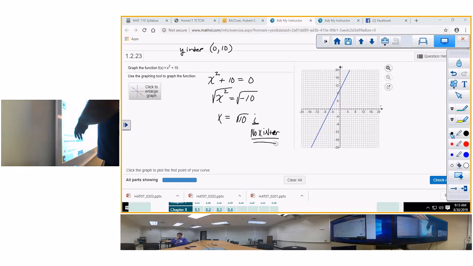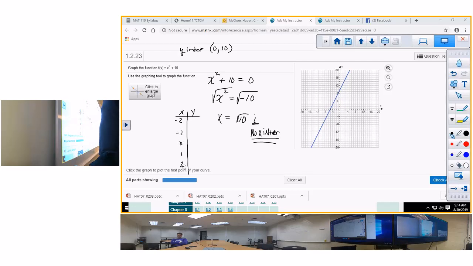But we can use completing the square, but it's not going to help us any because it looks to me that it's not going to cross. Let's use our x and y values, and of course you could use your graphing calculator: -2, -1, 0, 1, and 2.